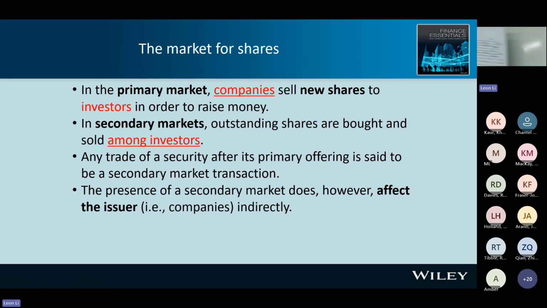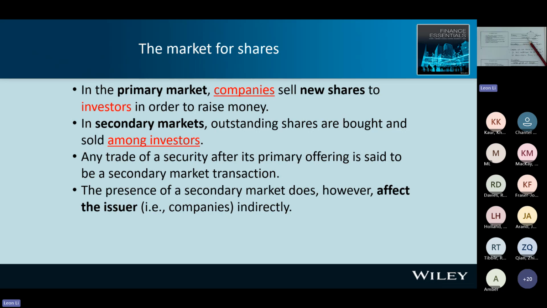I hope you remember this image, right? In the primary market, the company issues new shares to the investor. The investor provides the money to the company. This is the primary market. After the primary market, the share will go to the secondary market.